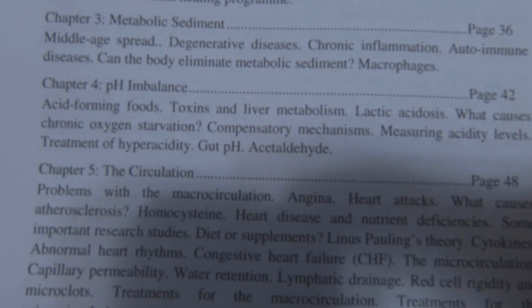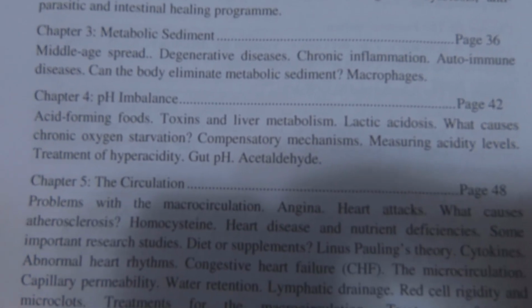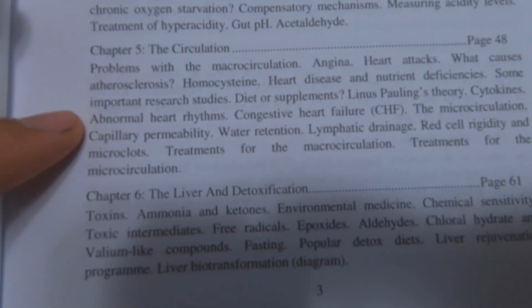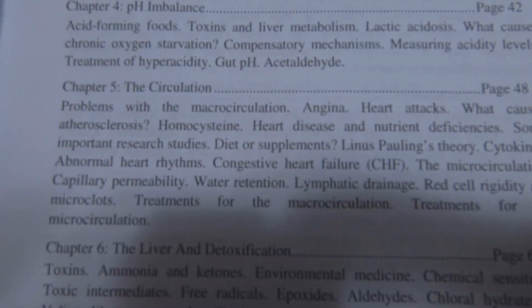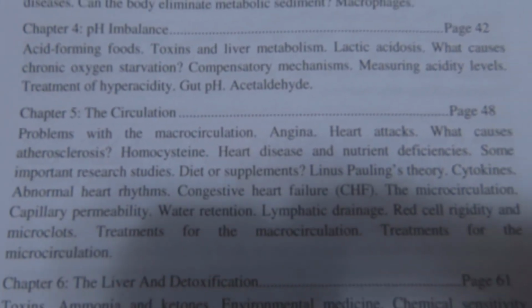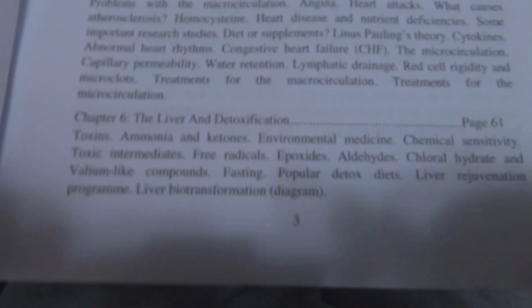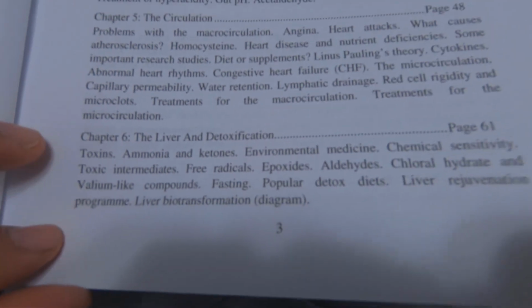And then we have pH imbalance, acid-forming foods, toxins, and liver metabolism. Next we have chapter 5, circulation. Next we have chapter 6, the liver and detoxification.